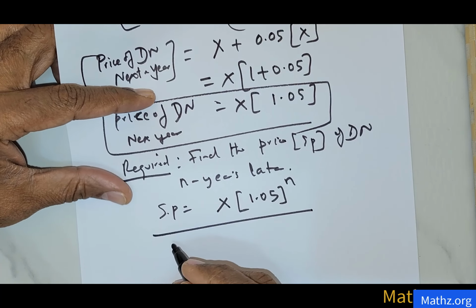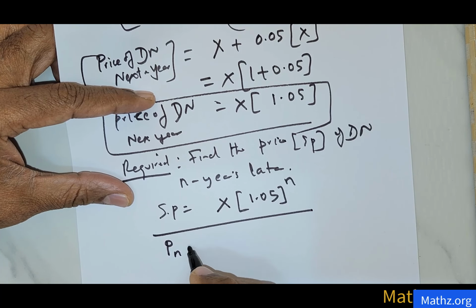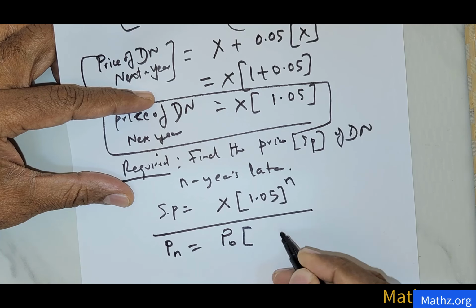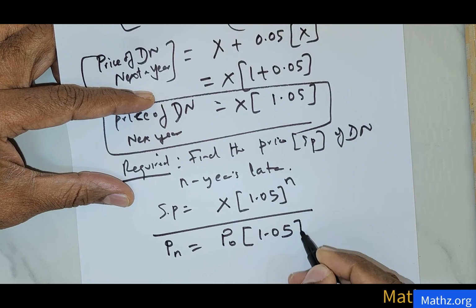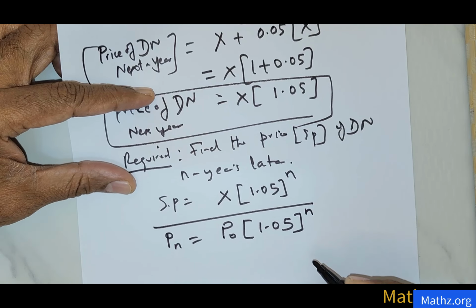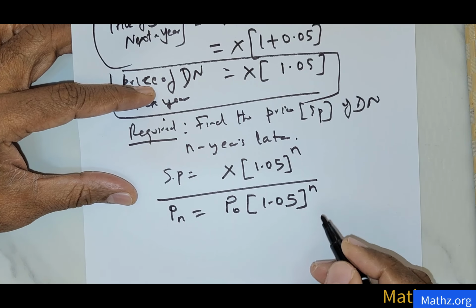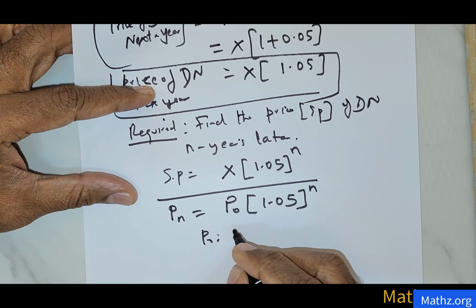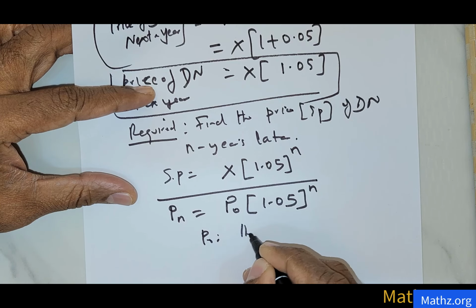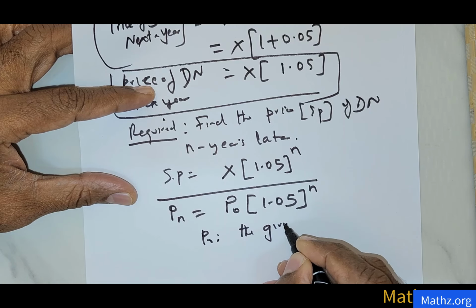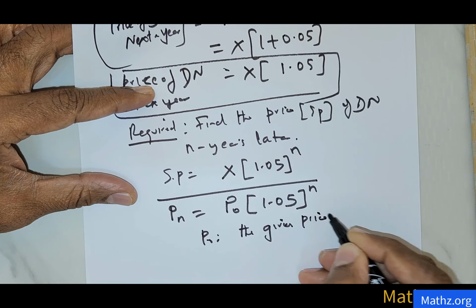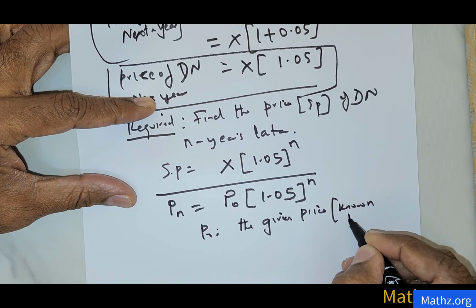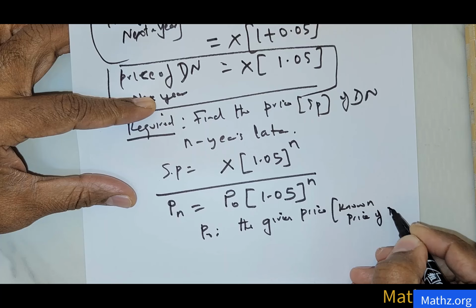And let me be more precise. So Pn is equal to P0 times 1.05 raised to the power of n. And what is P0? P0 is nothing but the given price or the known price of the diamond necklace.